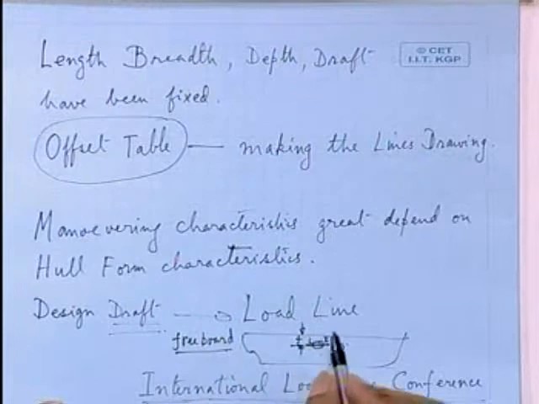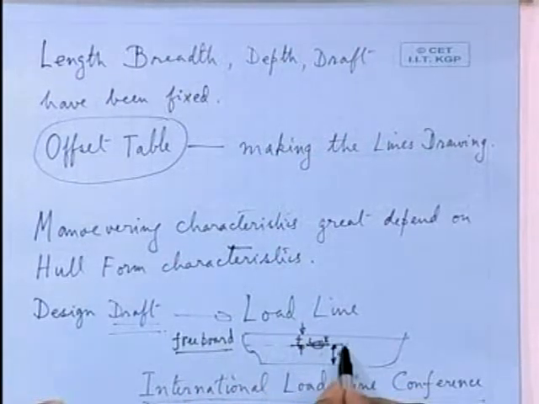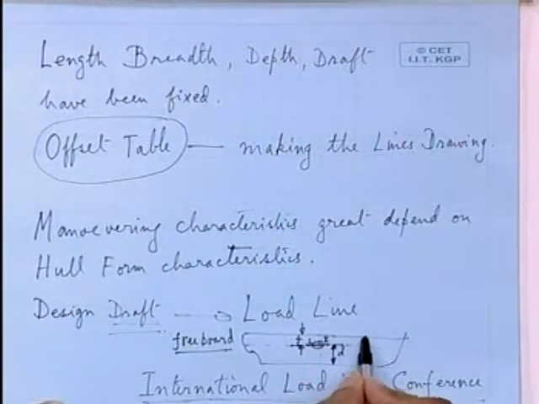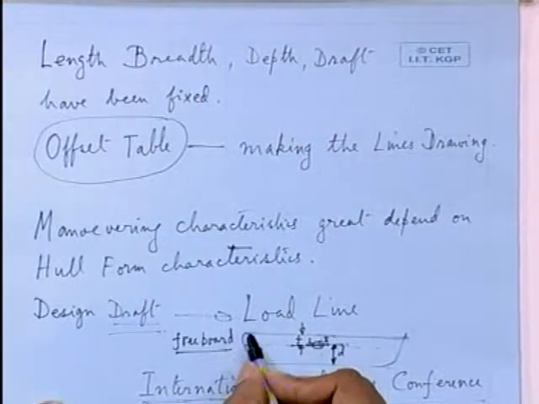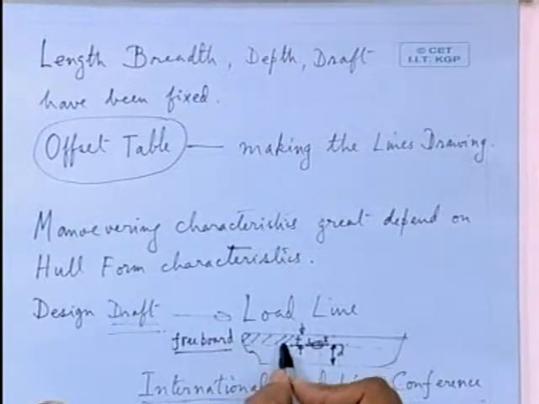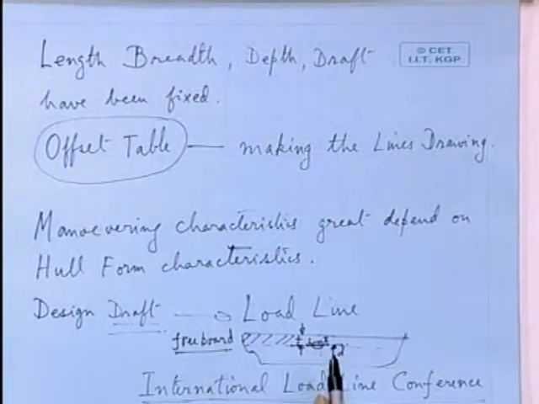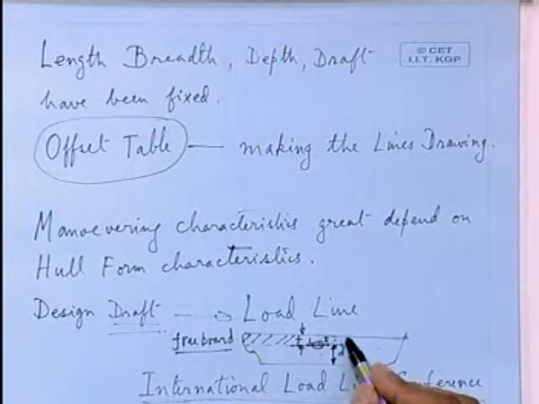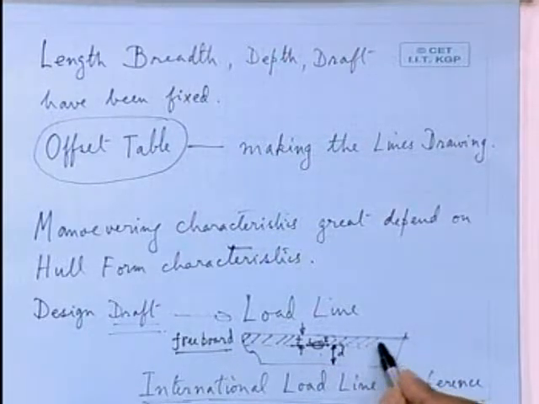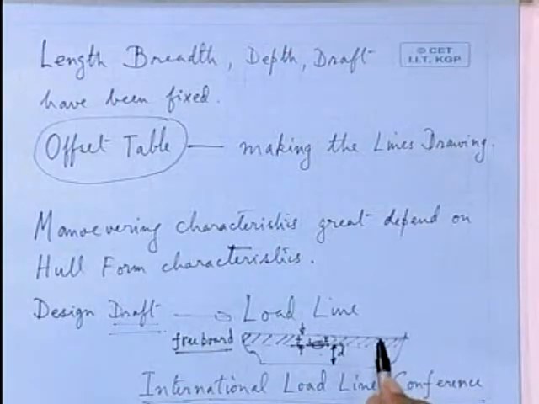And freeboard is also important from another point of view. The freeboard specifies the amount of reserve buoyancy. That is, the ship has so much reserve buoyancy against sinkage. Unless you have this freeboard, the ship is in danger of sinking.